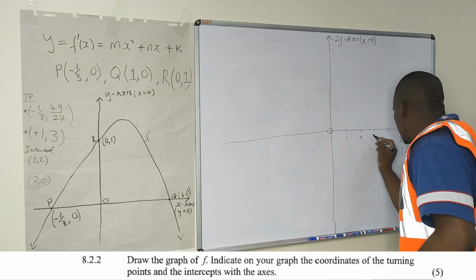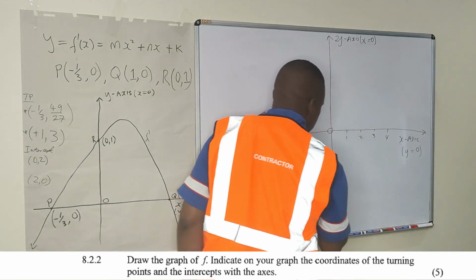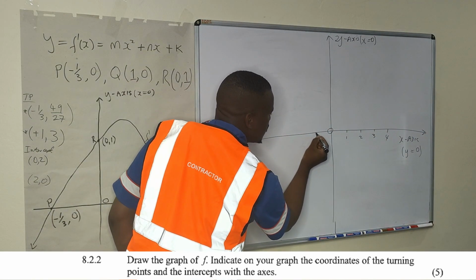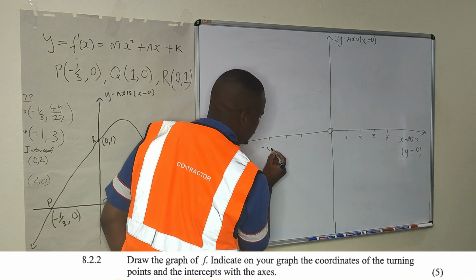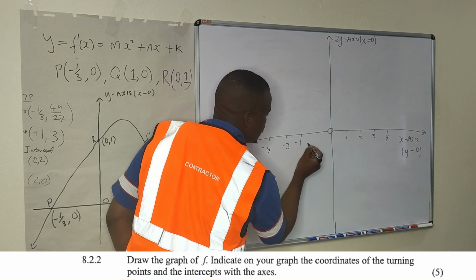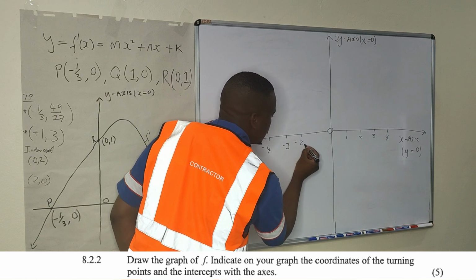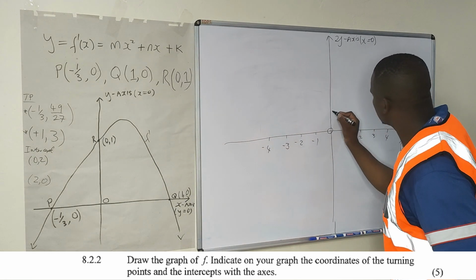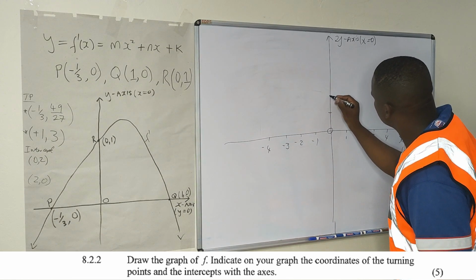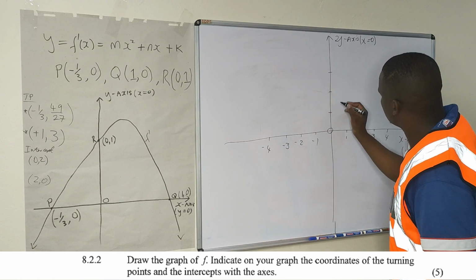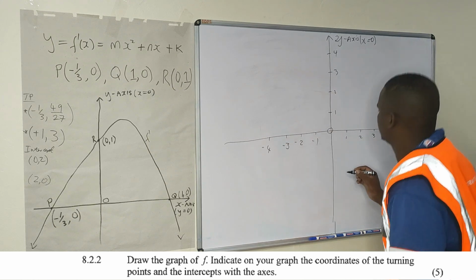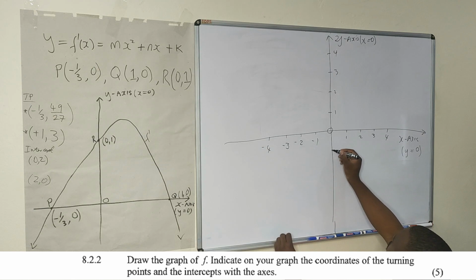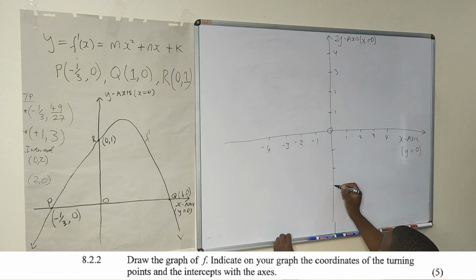And minus 1, minus 2, minus 3, minus 4. Likewise on the other axis: 1, 2, 3, let's say 4 also, and minus 1, minus 2, minus 3, minus 4.